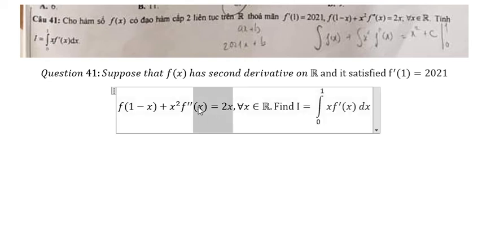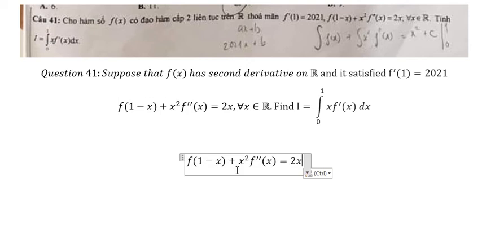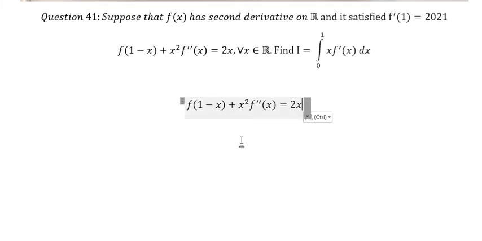First, we need to consider this equation here. So we put the integral on both sides from 0 to 1.